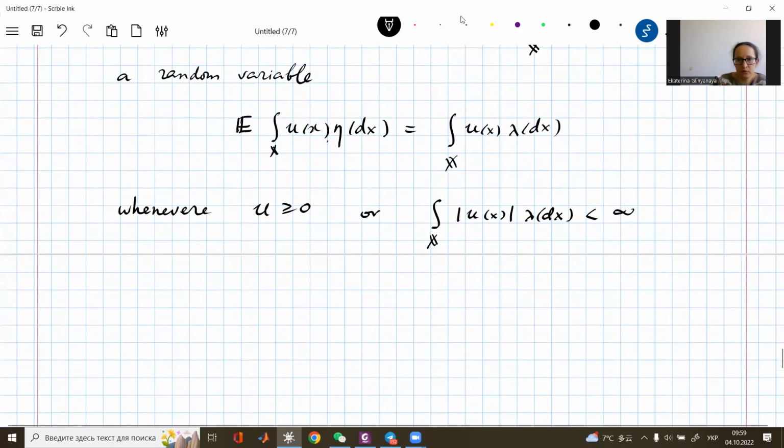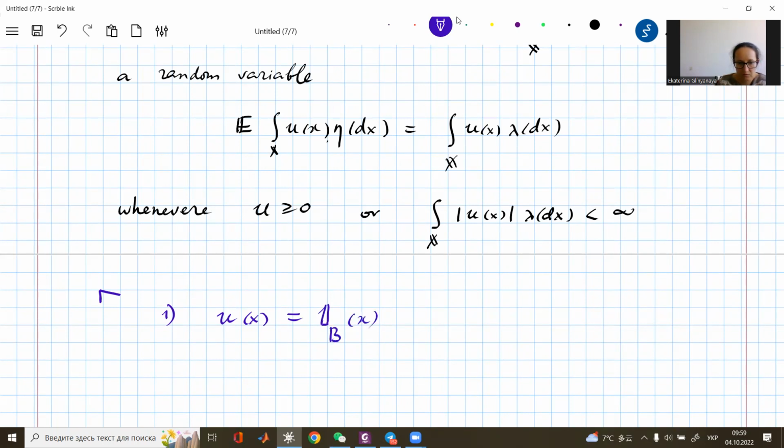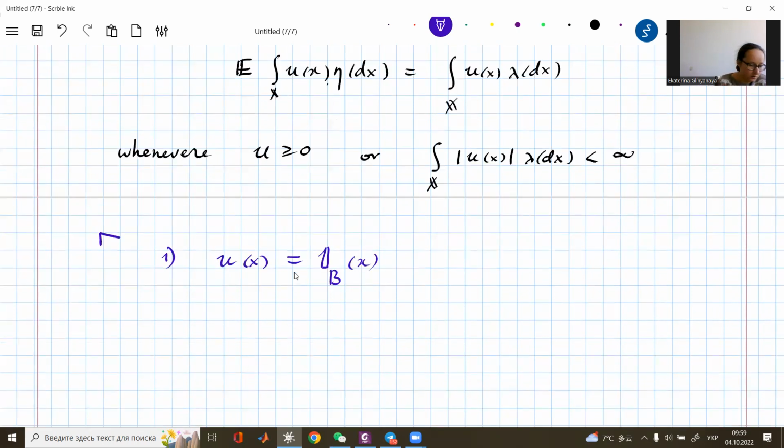And for the proof, it is not hard to see. The first step is to consider the simplest functions that we can imagine. We just take the indicator of some set B, so u takes values 0 and 1. And then what is the integral of such a function?